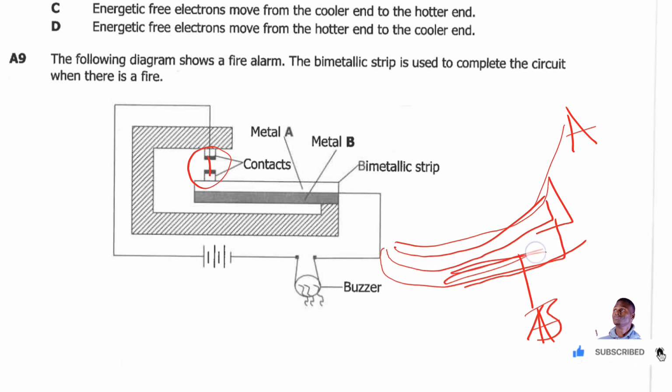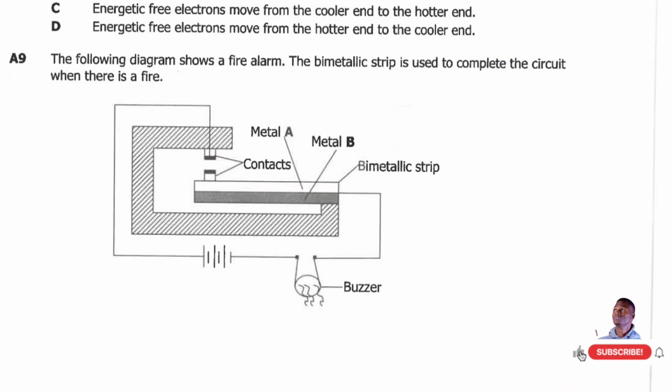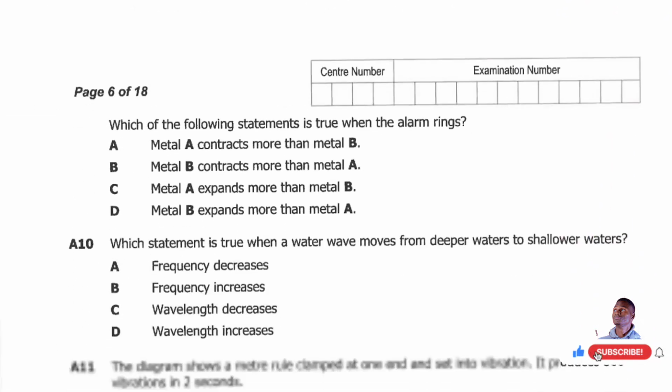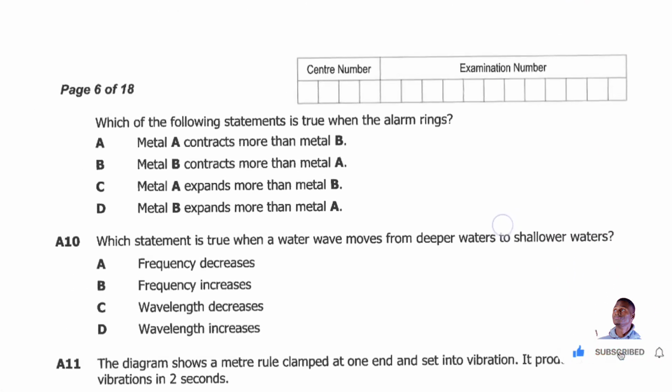To cause the bending, it means metal B expands more than metal A. For this bimetallic strip to touch here, it means that metal B expands more than metal A. So let's check for that solution. Metal B expands more than metal A.